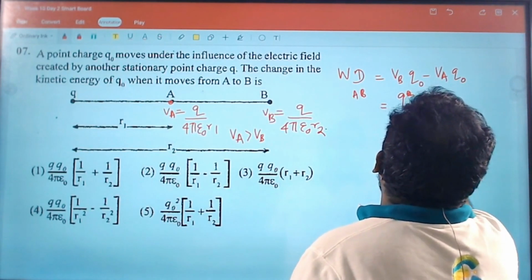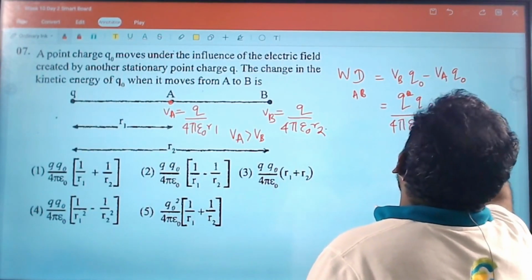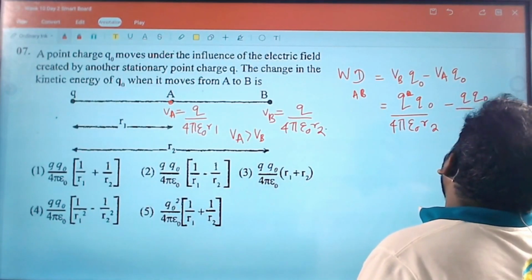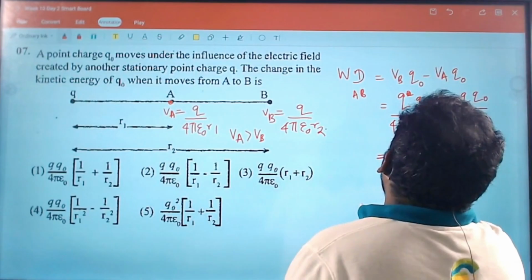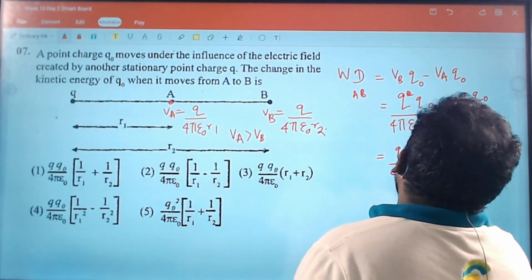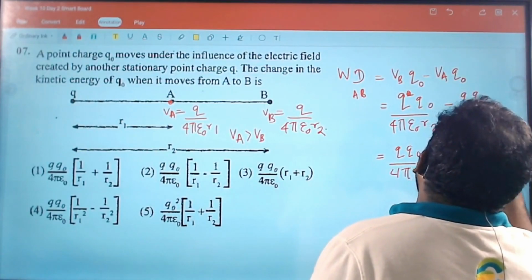Q times Q naught divided by 4 pi epsilon naught R2 minus Q times Q naught divided by 4 pi epsilon naught R1. Q naught over 4 pi epsilon naught, 1 over R2 minus 1 over R1.